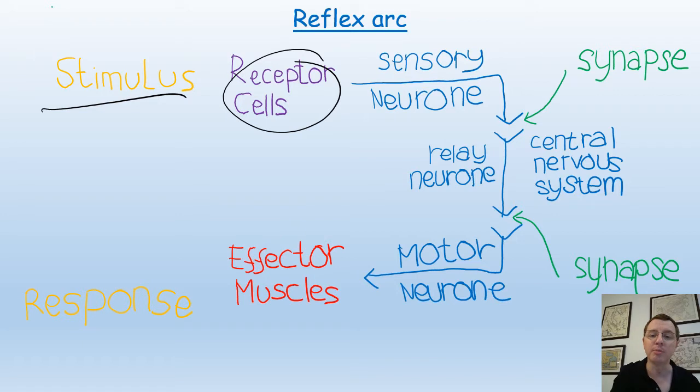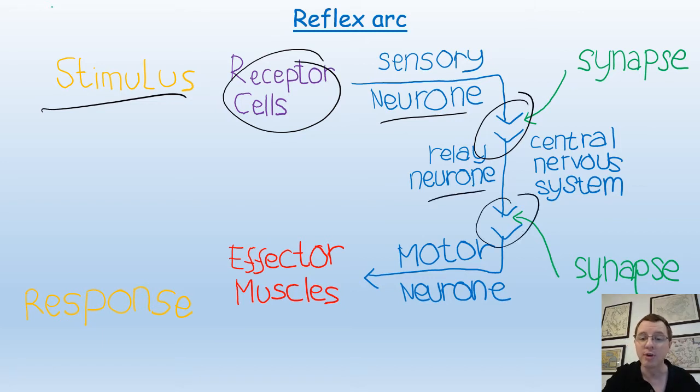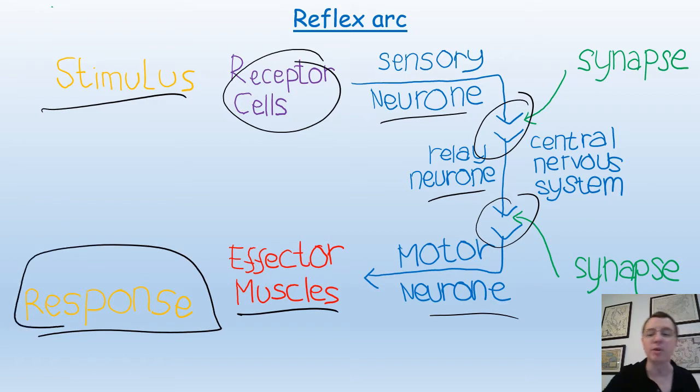This electrical nerve impulse is sent along the sensory neuron. The nerve impulse crosses the gap known as the synapse, is then sent along the relay neuron, crosses another synapse, is sent along the motor neuron, and then eventually the electrical nerve impulse will get to the correct effector muscles and they will contract, and that brings about the response to the stimulus.